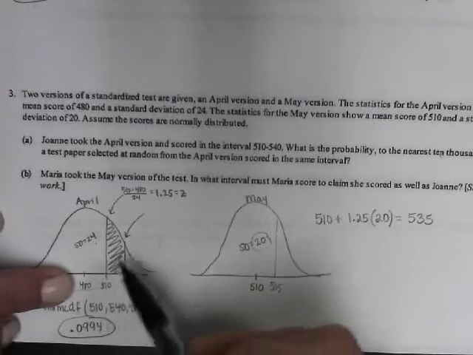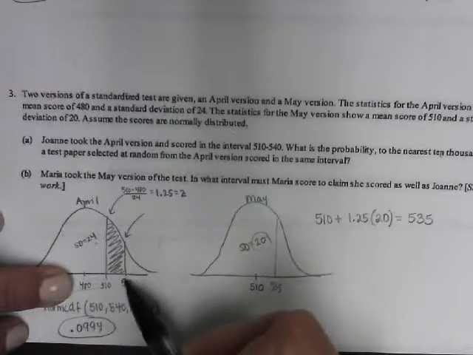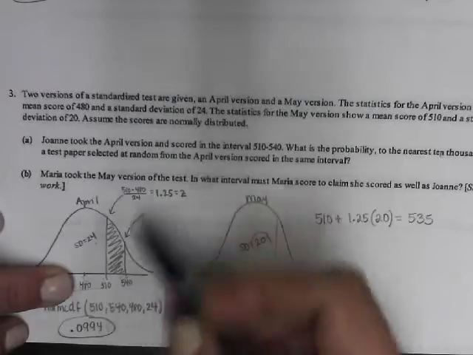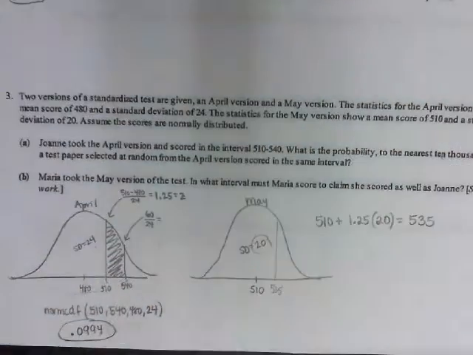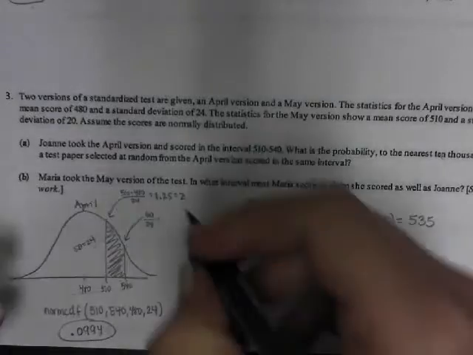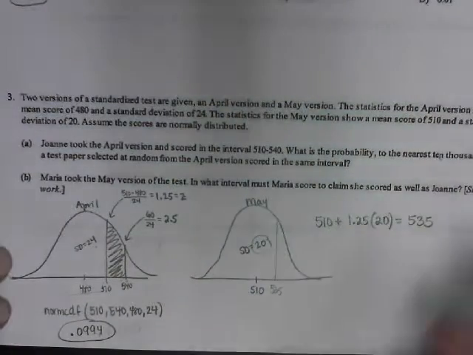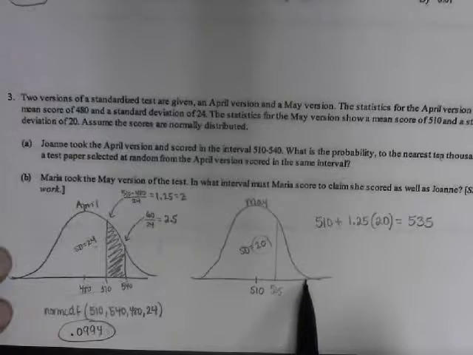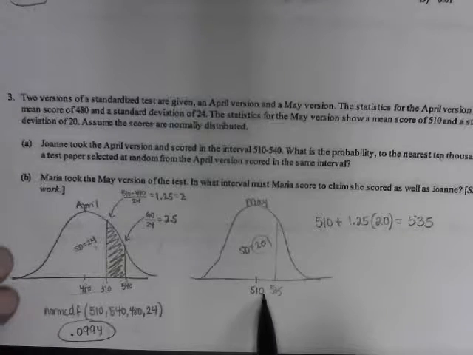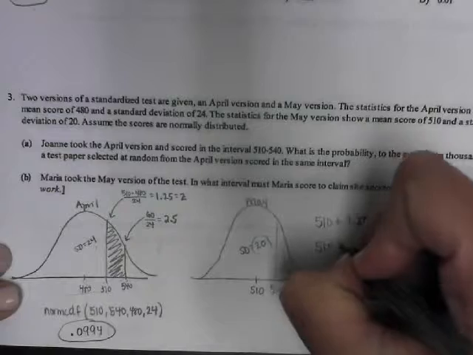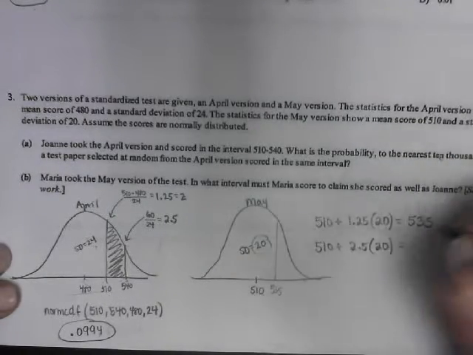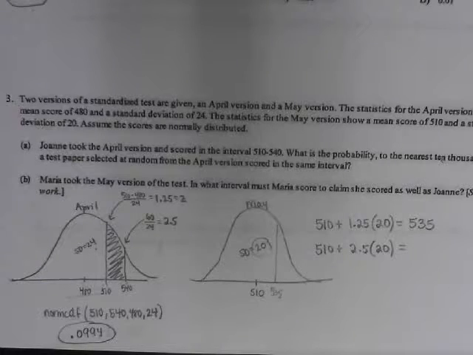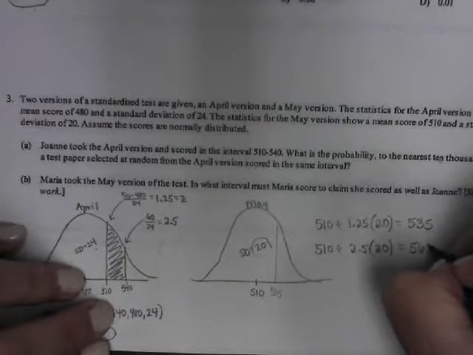And this 540 score is 60 above the average, and 60 divided by a 24 standard deviation is going to give you 2.5 as your z-score. So we have to figure out what 2.5 standard deviations above 510 is over here. So 510 plus 2.5 standard deviations of 20, and that gives us 560.